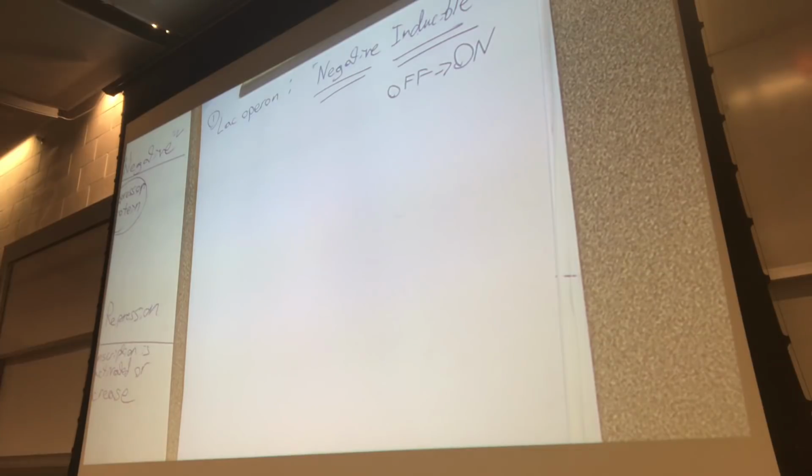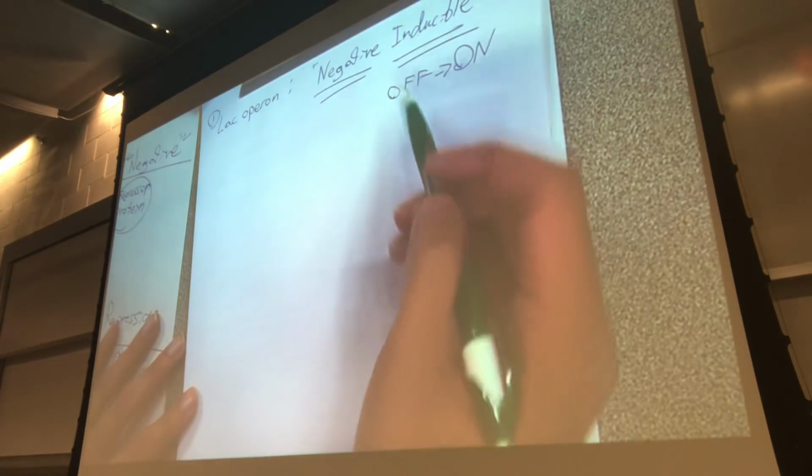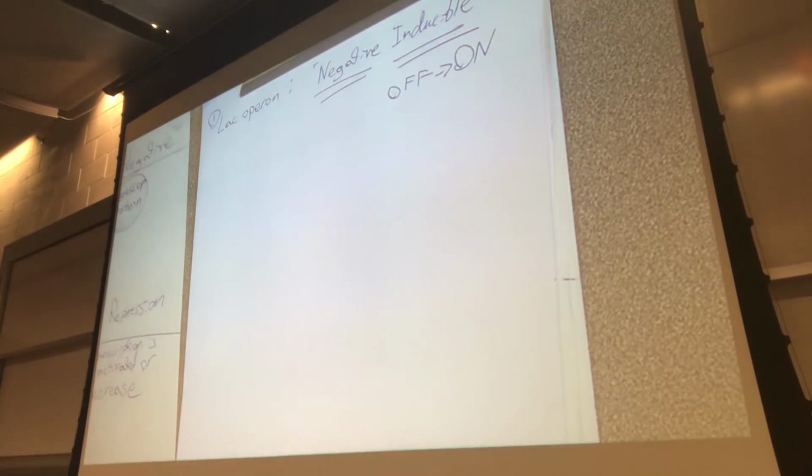Other types of operons, of which you don't need to know, are called repressible. That means normally whatever that operon might be is constantly being transcribed over and over again. And when it is regulated, it needs to be turned off. This one, because it's inducible, is initially off and needs to be turned on.